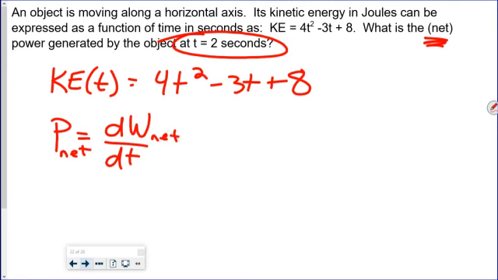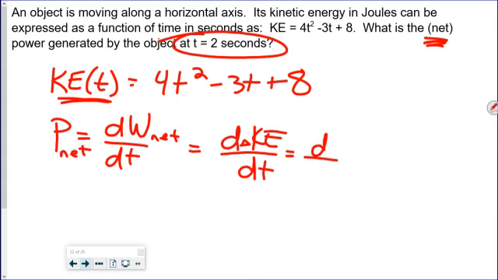Remember, the work-kinetic energy theorem tells us that net work is the change in kinetic energy, so I can just write this as dKE/dt. Technically there's a delta there, but the d and the delta tell us the same thing, so that's redundant. In English, I want to figure out at what rate my energy is changing. Remember I told you that I like to think of power as the rate at which energy is transferred, and in this case, we're transferring kinetic energy. So I'm just going to take the derivative of the kinetic energy.